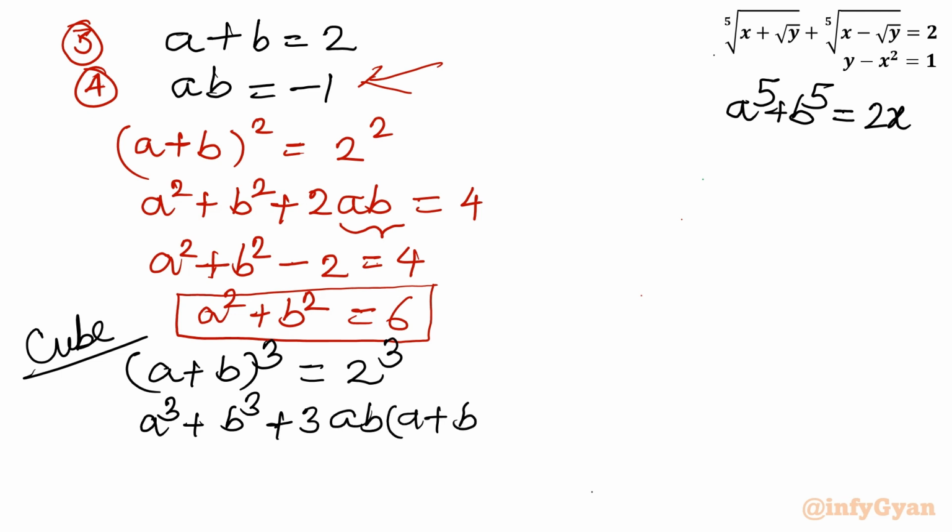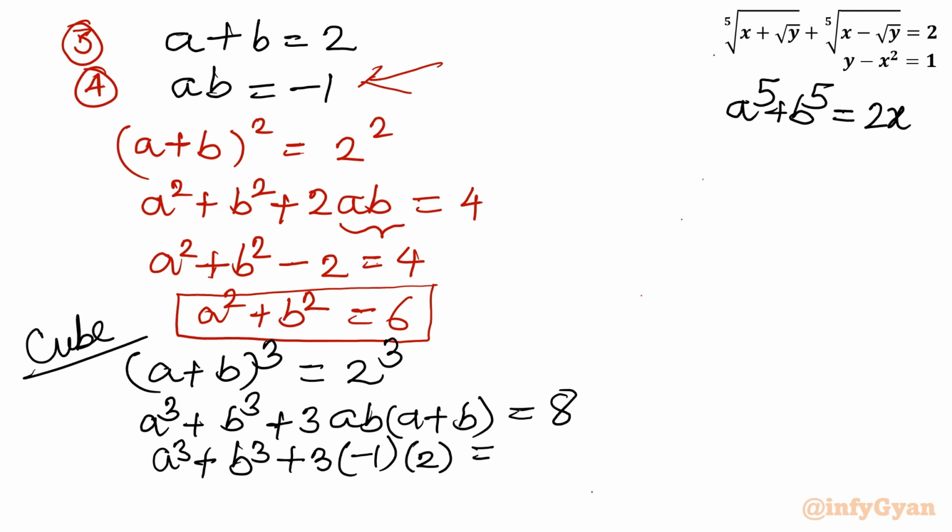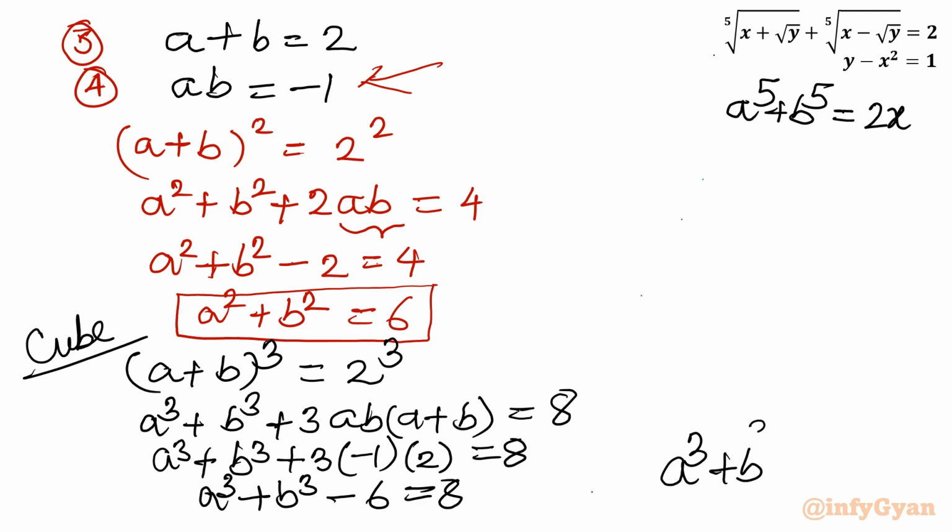Let's put the value of ab and a plus b. ab is minus 1, so I will write a cube plus b cube plus 3 times minus 1 times a plus b, which is 2, equal to 8. So a cube plus b cube minus 6 is equal to 8. From here I can conclude a cube plus b cube, adding 6 to both sides, 8 plus 6, is 14.